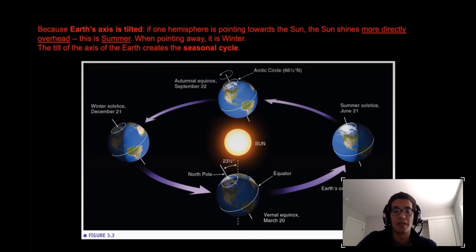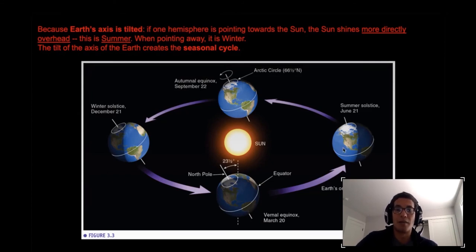It's shown here as the revolution of the Earth around the sun with the axis. So June 21st is the summer solstice. You'll notice the northern hemisphere, here's where we are, is pointing more directly towards the sun, which means you get more sunlight. It's not that you're literally closer to the sun, it's that you are more directly facing the sun, so you get more direct sunlight for longer. And this is what we call summer.